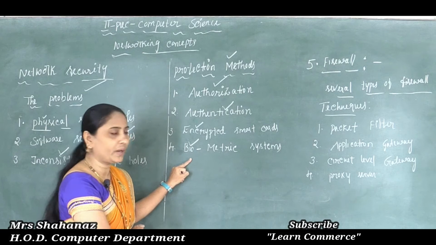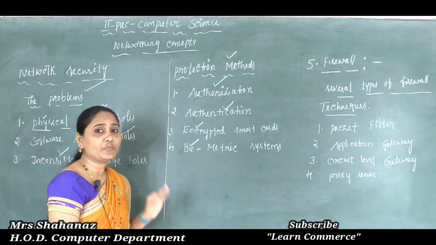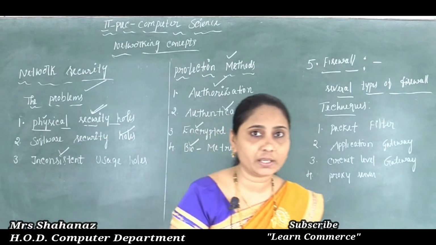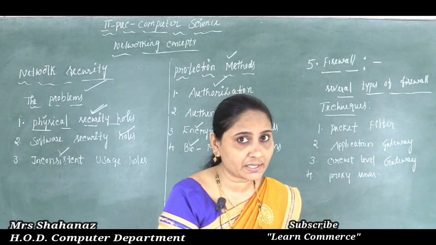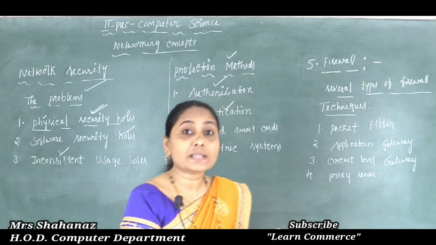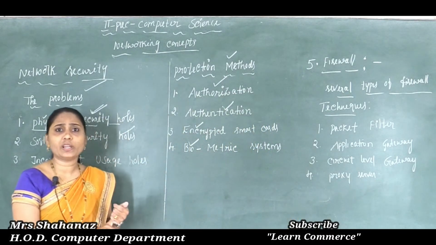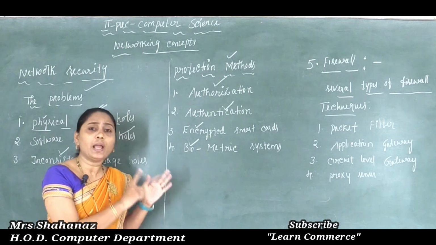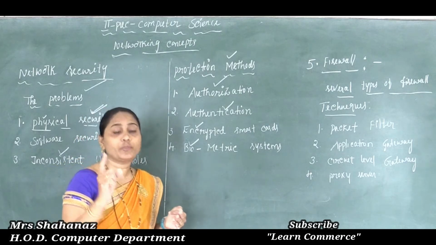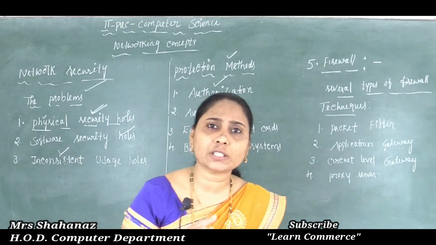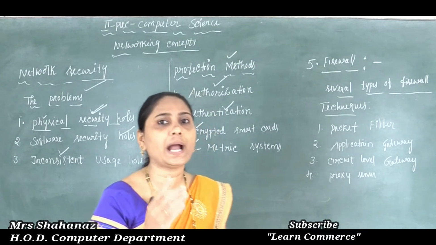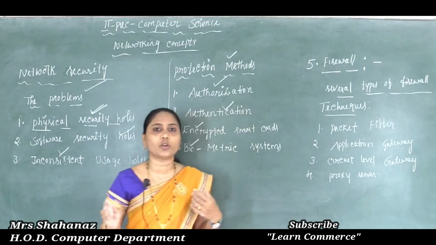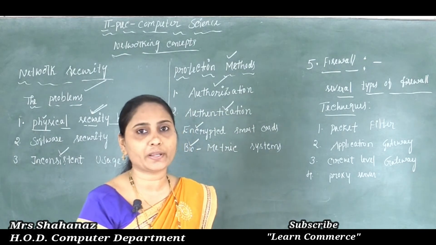And we know the biometric system is very secure, providing strong security to our networking, and it involves aspects of the person's body, like our fingerprint, or the fingerprint and the retinal pattern also. So why do we use all those? Just to establish the identity of the person. Whether the person is authorized or unauthorized, we can find out just by using all those.